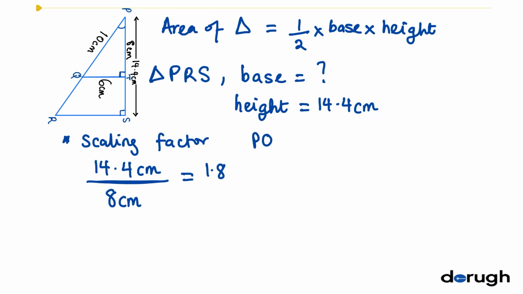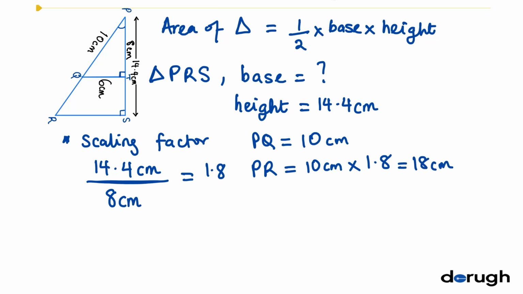Since we have PQ as 10 centimeters, it means PR would be 10 centimeters times our scaling factor 1.8, which gives us 18 centimeters. We have QT is 6 centimeters.